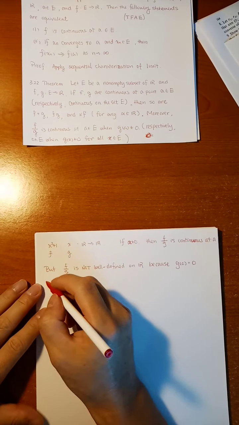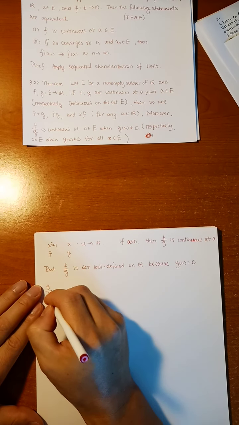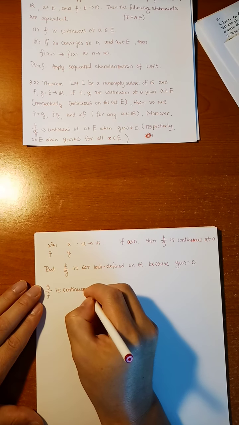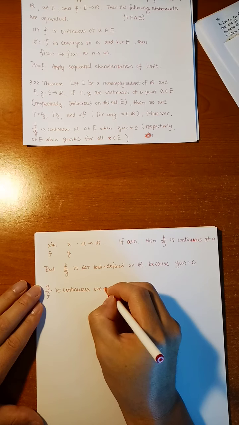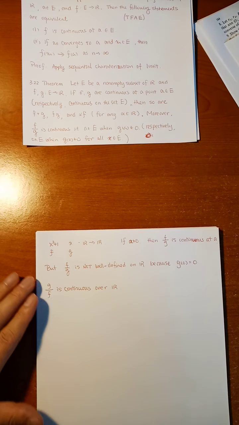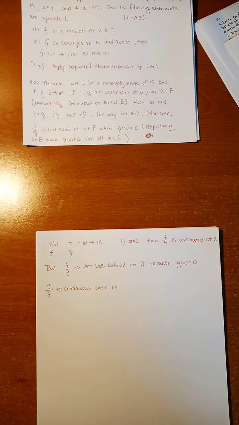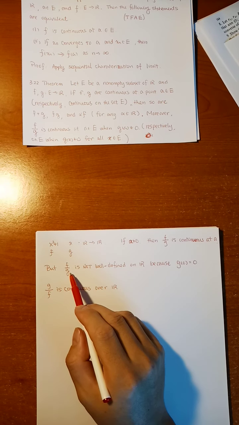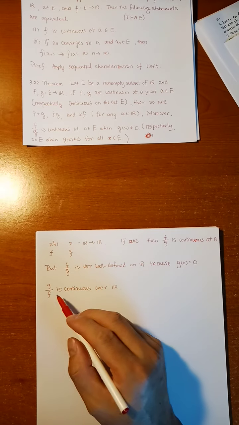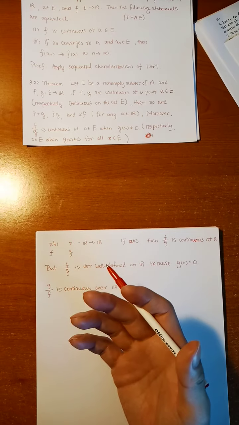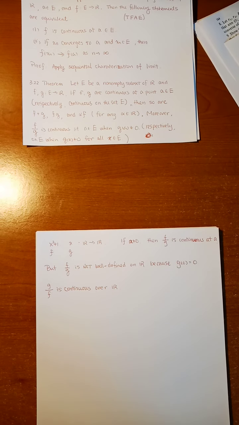But if you flip it, then g over f is continuous over the whole real line R, because f is never equal to 0. So when you talk about a single point, it's okay. You can just require that at that single point the function is not 0. But if you define the quotient over the whole domain, you have to make sure that the denominator is never 0 over the whole domain.